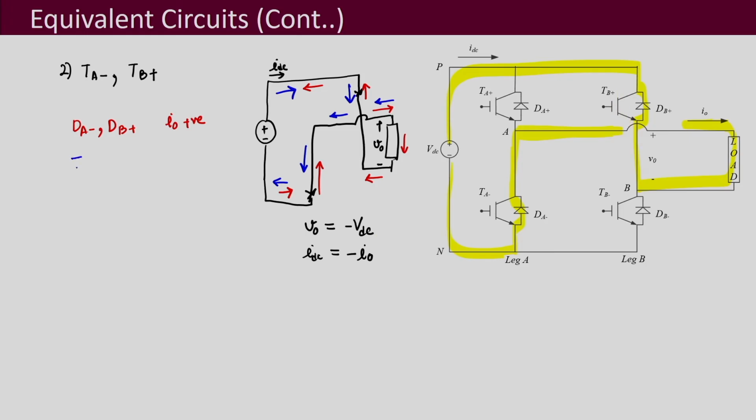So, then your transistors TA minus and TB plus are carrying the current when IO is negative. And the blocking voltages for non-conducting devices remain the same here, equal to VDC, and the current that is carried by conducting devices is equal to IO.